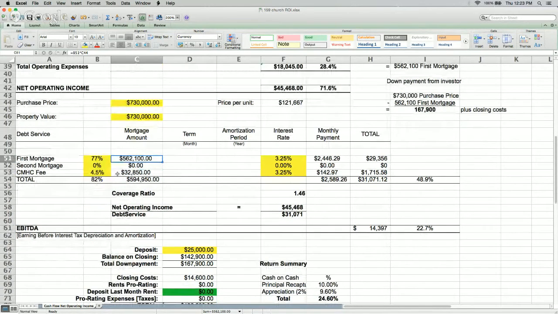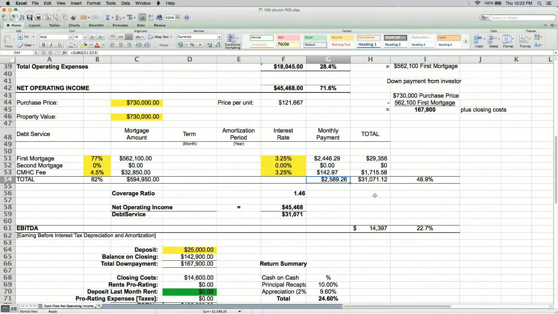Okay, CMHC fee of 4.5%. So the total mortgage ended up being $594,000 and change. Okay, at the time he got an interest rate of about 3.25%. You can see monthly payments here, $2,446 plus $142 to service this CMHC number. Total mortgage payments about $2,600.